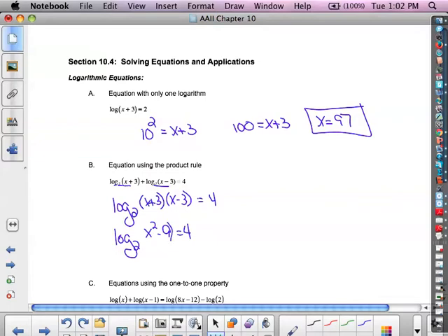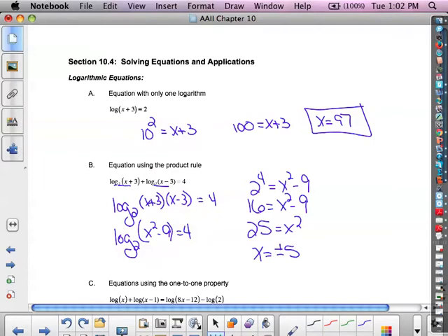Now rewrite that in exponential form. So 2 to the 4th is equal to x squared minus 9. So 16 equals x squared minus 9. X squared equals 25. So look at both of those answers. If you put negative 5 in, you'll have log base 2 of negative 2. You can't have a negative result.